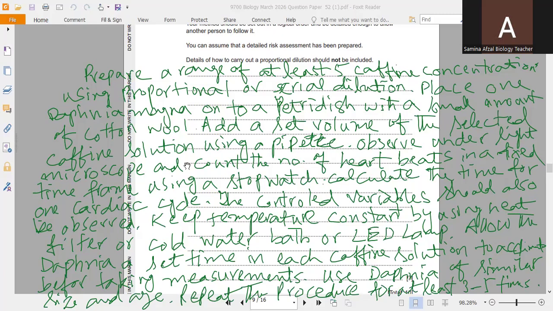And then calculate the mean time for each concentration, and you can also identify obviously anomalous results.